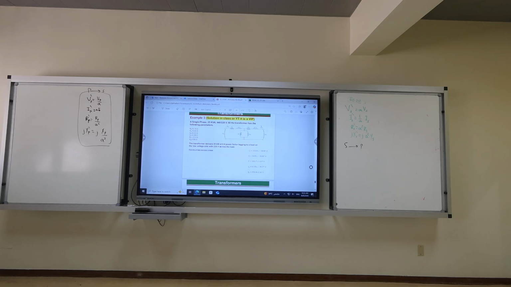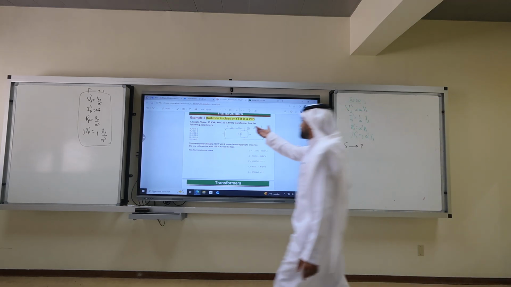Simple. Now, are those numbers, 25 kVA, 440 over 20, 60 Hz, operating values or rated values? Rated. What does rated mean? Fixed. No. Rated means if we operate at these values, we are safe. Rated means it was designed for these operating conditions.